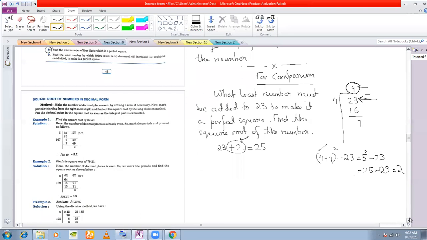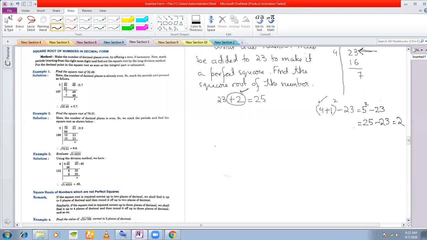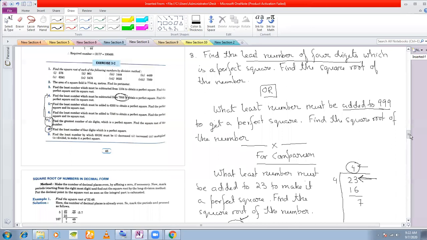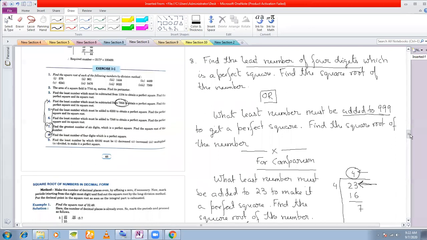So here, coming back to this solution for number 8, the question here is, now you draw a comparison between the two. The question here is, find the least number of 4 digits.